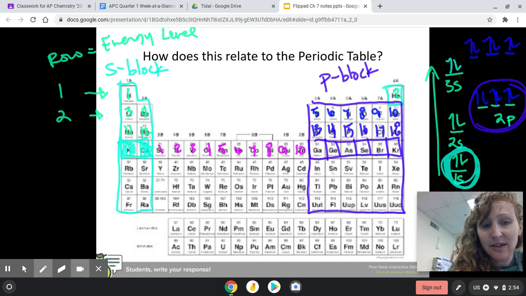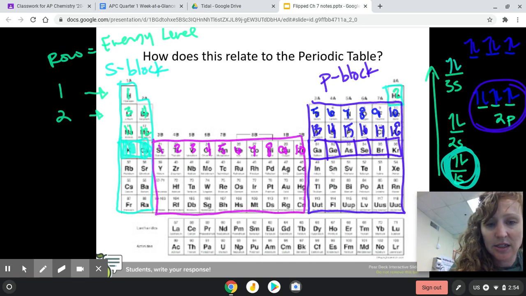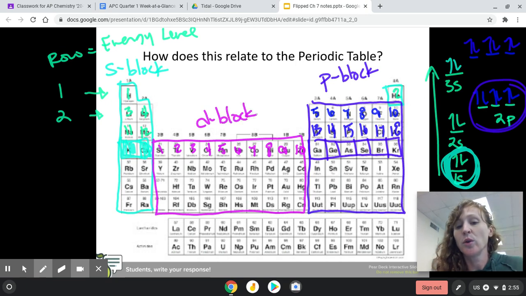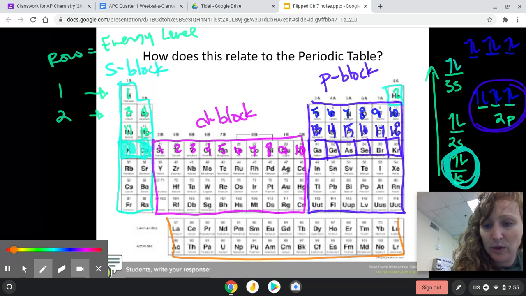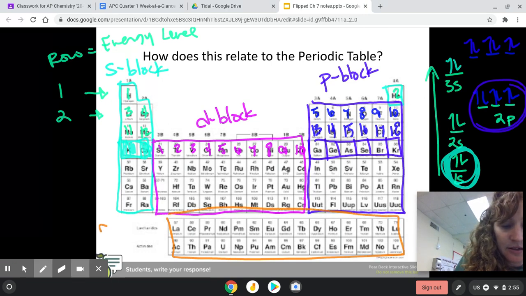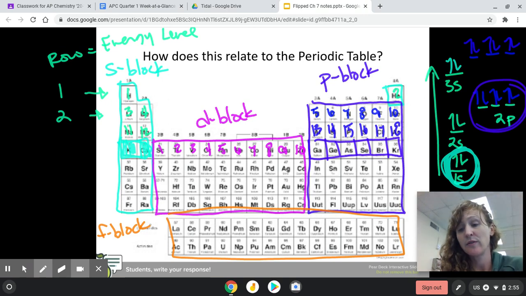So this over here is our D block. Can hold 10 electrons and is 10 elements across. And then down here, this is our F block. Now, it can hold 14 electrons.